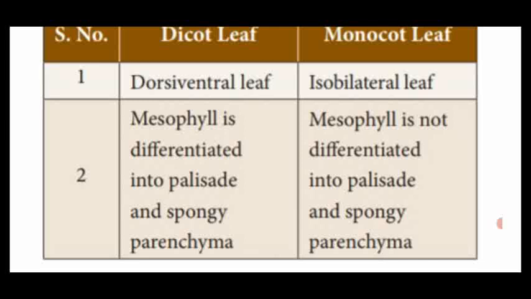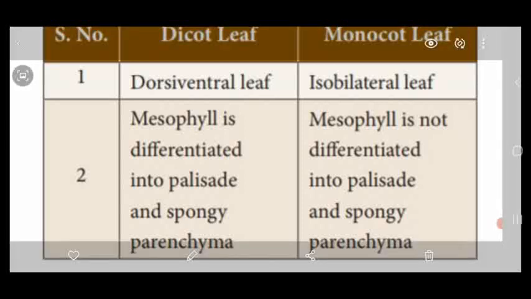That is the difference between dicot leaf and monocot leaf. Dicot leaf example: sunflower leaf. Monocot leaf example: grass. Dear students, I hope you have all understood the internal structure of monocot leaf, dicot leaf and the difference between dicot leaf and monocot leaf.